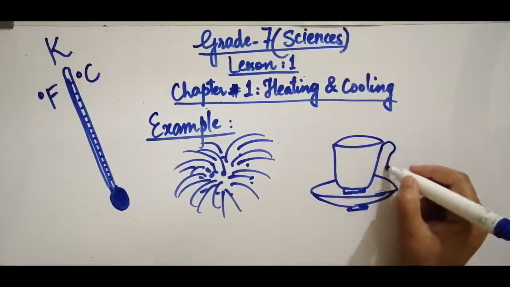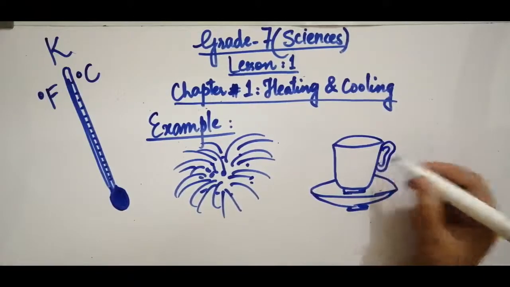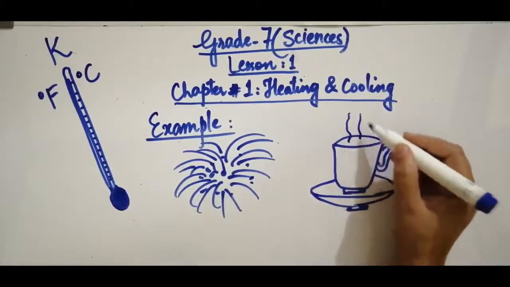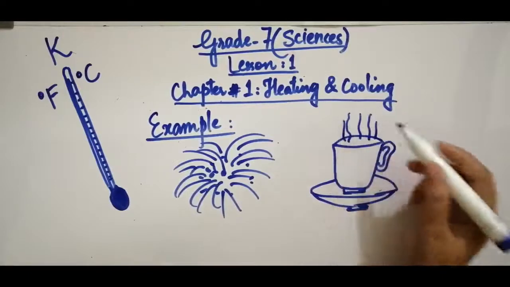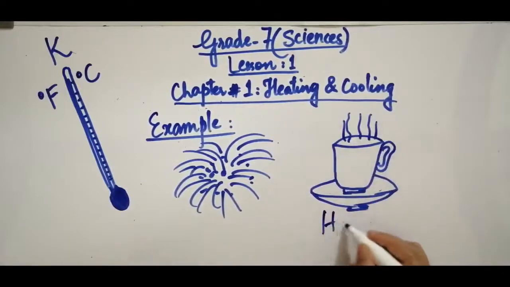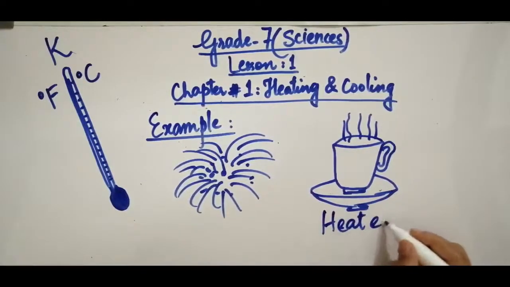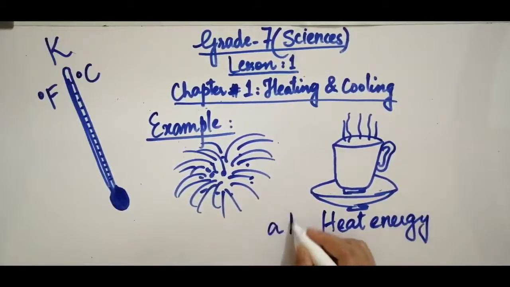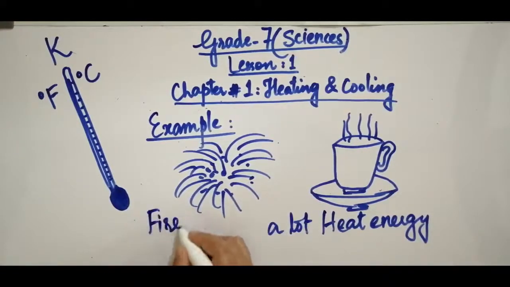So exactly what happens between both? This hot cup of tea has much heat energy in it. How much? A lot. While a firework, that is the spark of the firework, has a lesser amount of heat energy in it.